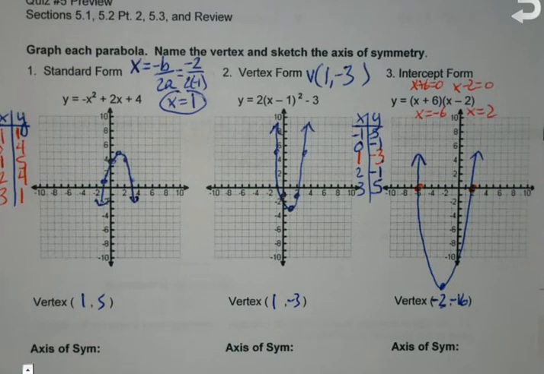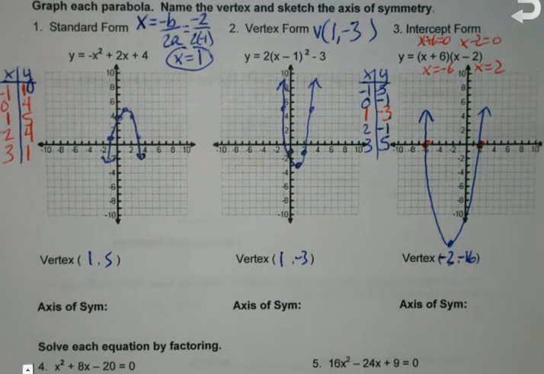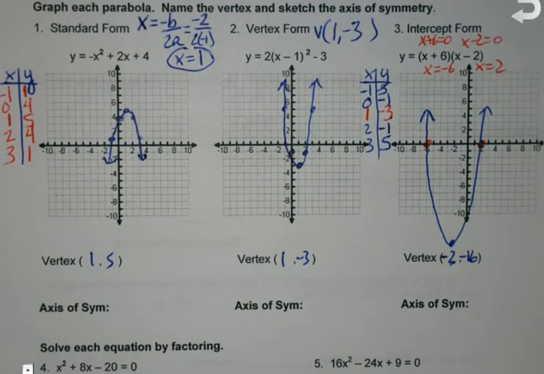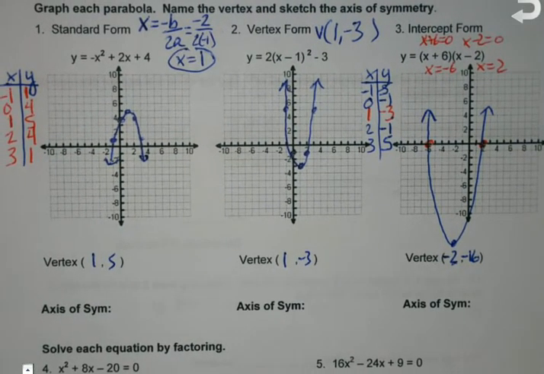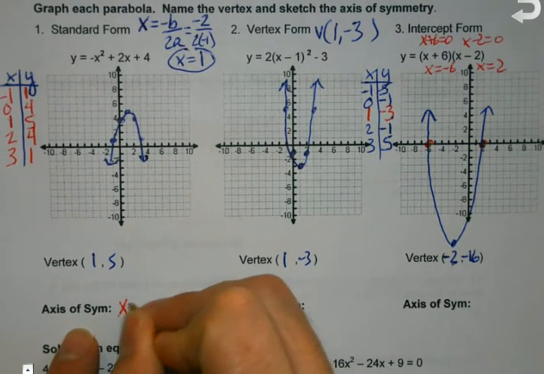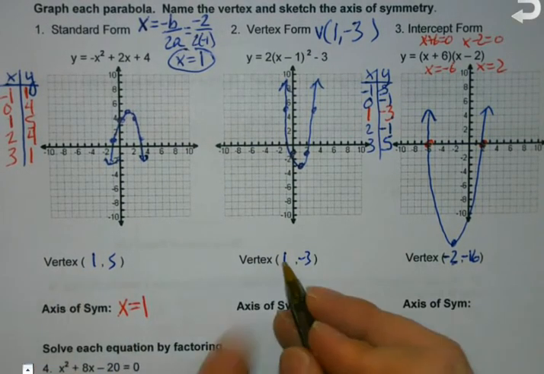So then I notice down at the bottom, it talks about an axis of symmetry. How do I find that again? That shouldn't be real tough here. So it's just x equals whatever your x value is in the vertex.